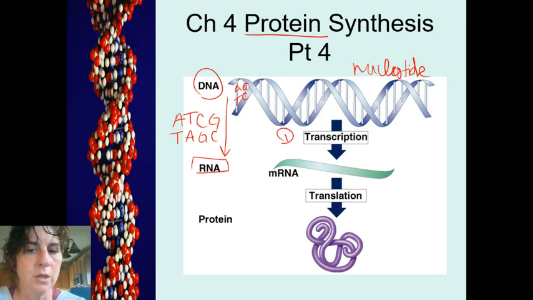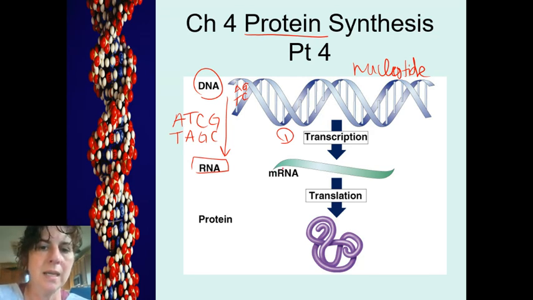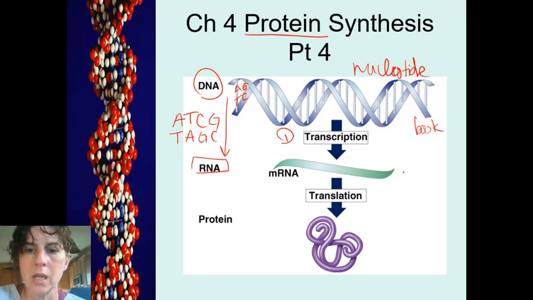Step 1, doing that process of making RNA, we call transcription. Then that copy of just that one little recipe, not the entire book. So DNA is the entire book, right? In my little analogy, mRNA is just one recipe out of the book, and you just made a copy of it, okay?